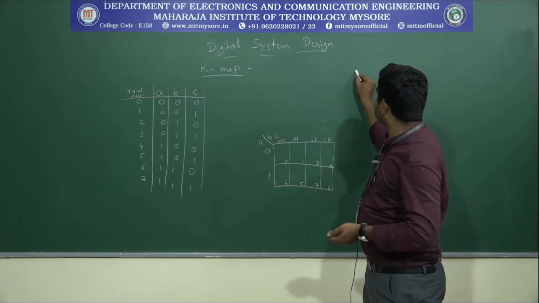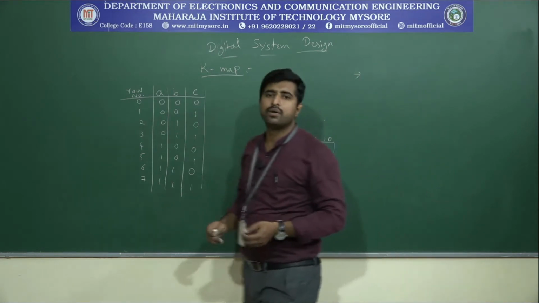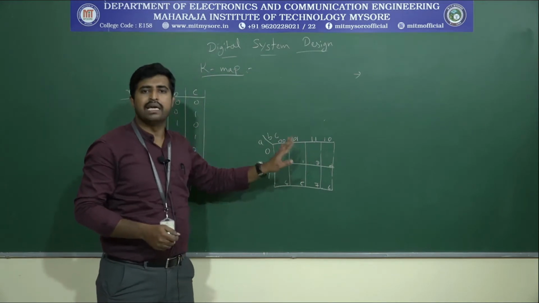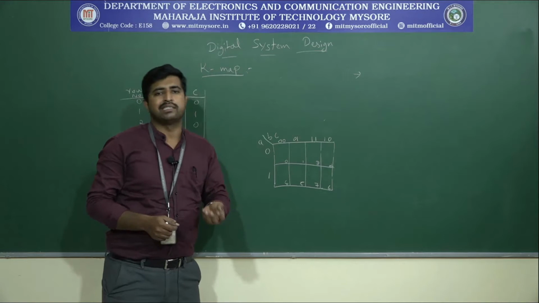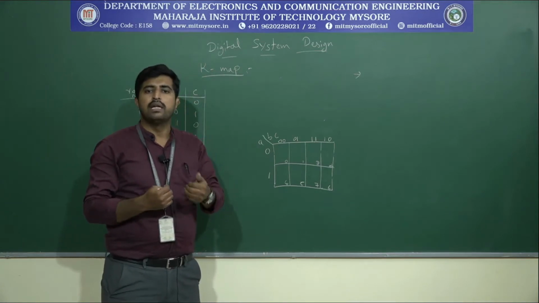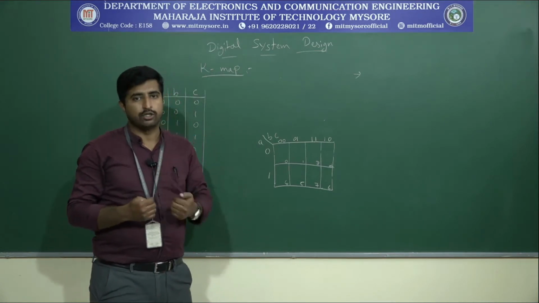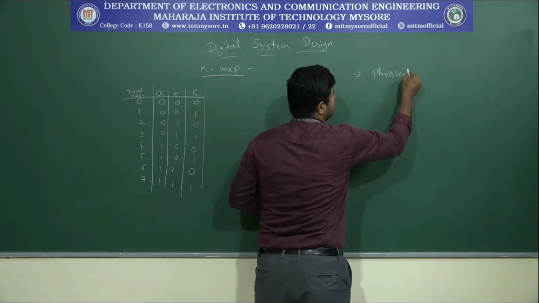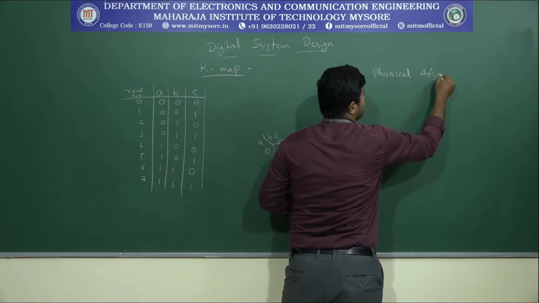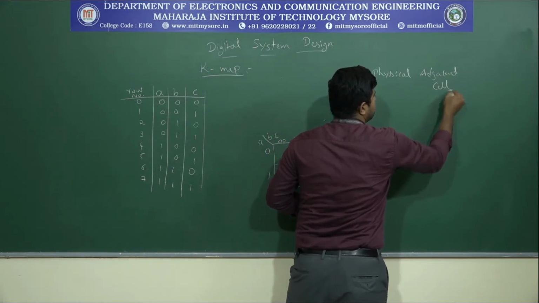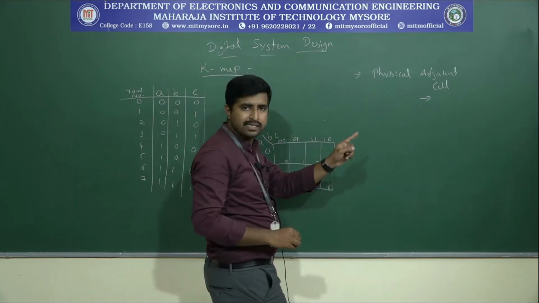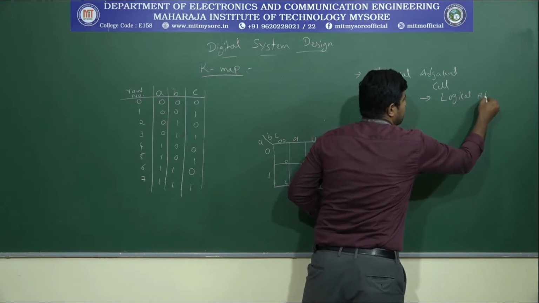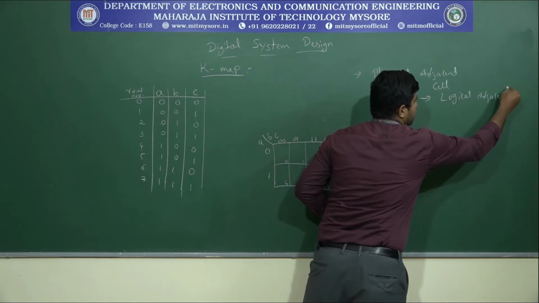In writing a K-map, each cell, the cell number 0 or 1 or whatever it may be, should be logically adjacent. The physical adjacency of a cell must also be a logical adjacency. So what does logical adjacent mean?